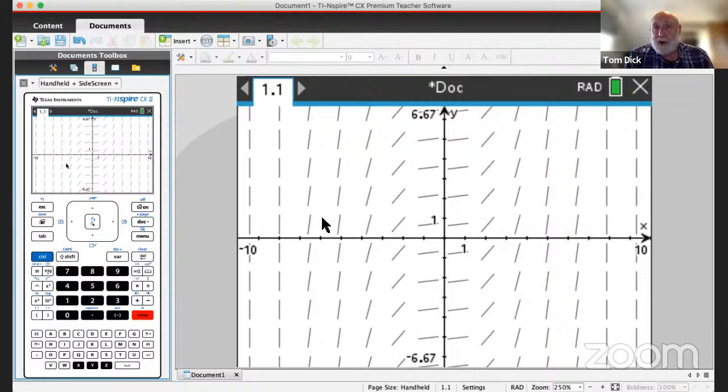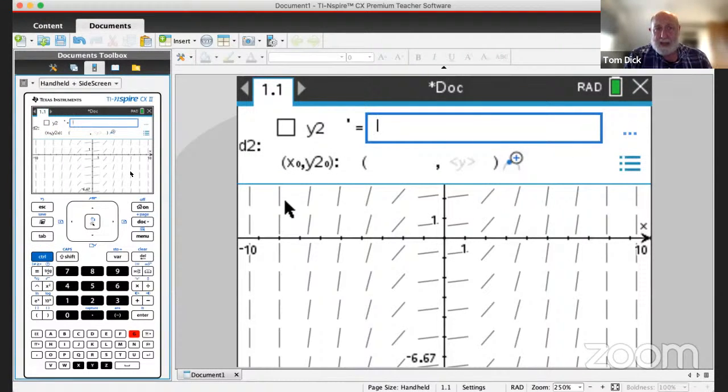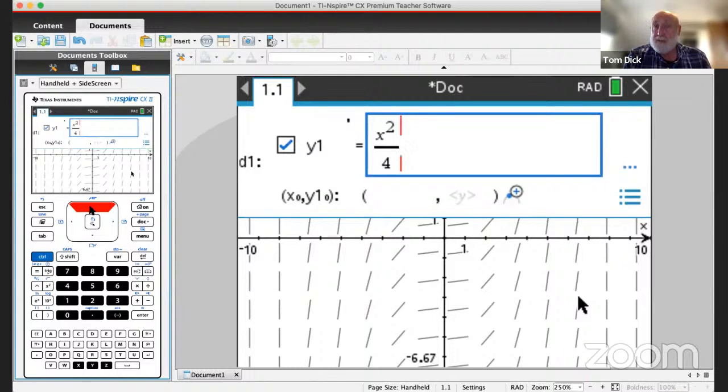Now, I'm going to go back to the entry line and show you a setting that you may want to take advantage of. Notice here it's defaulted back to a second differential equation. I'm going to hit the up arrow to get back to my original here, and arrow over.